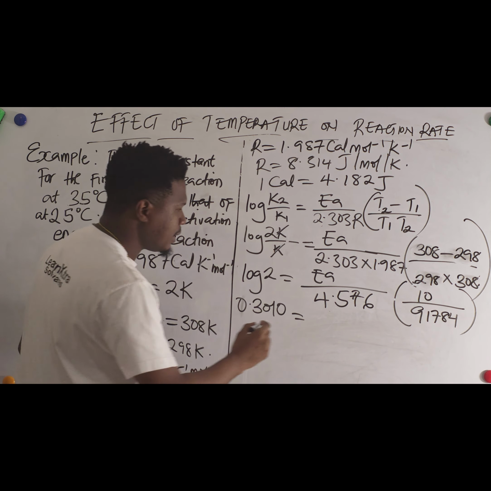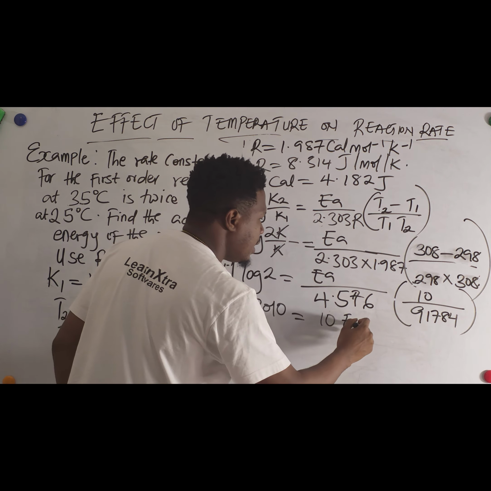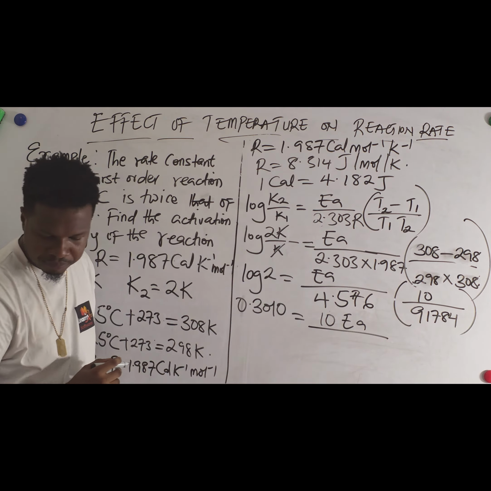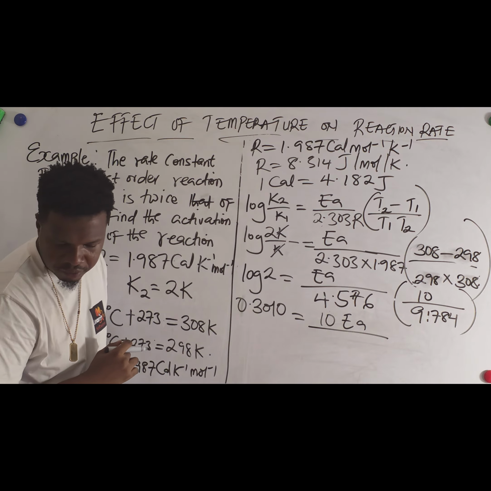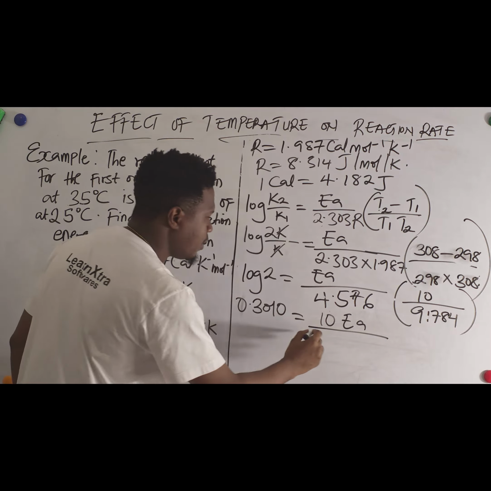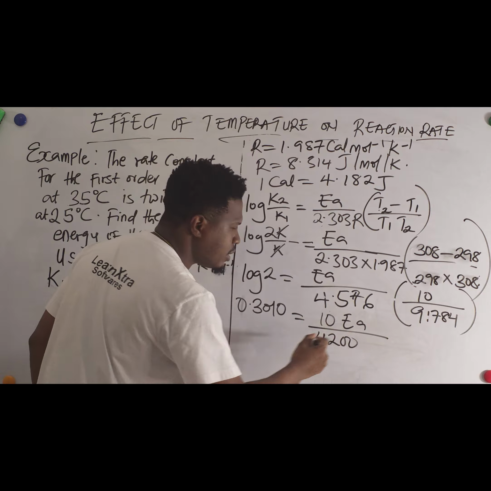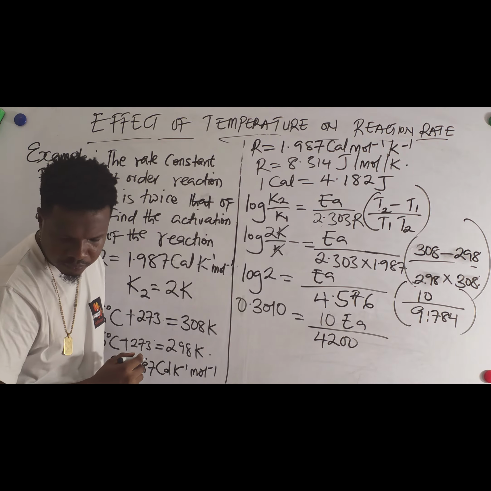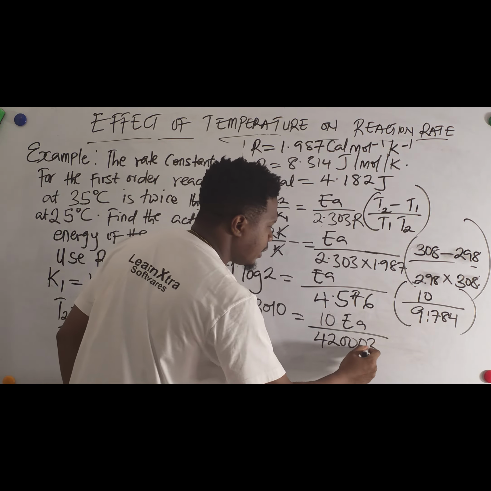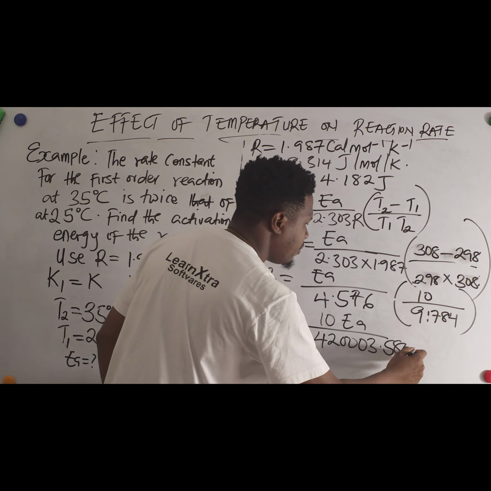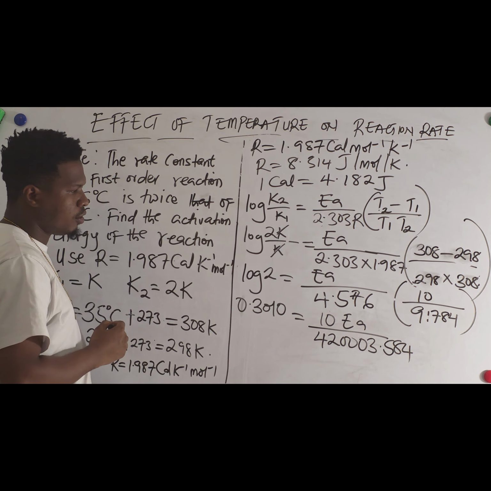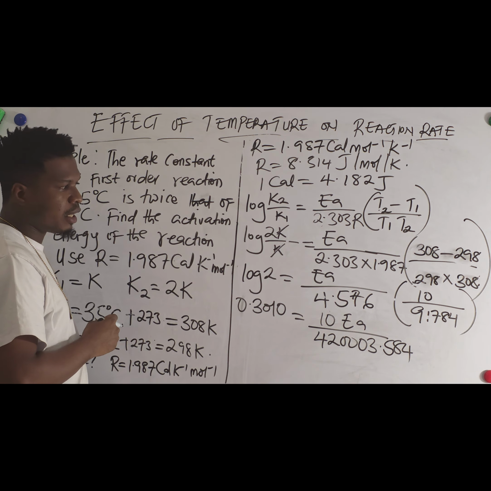We have that 10 EA all over, multiplying this and this, we have the value to be 4200003.584. Okay, so you can now make EA subject of formula.